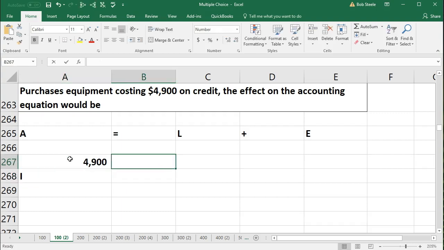And then that's going to be equal to something on the other side, in this case a liability. The liability is the on account. That's the accounts payable that will be increasing. Now we know it's going to increase for a couple different reasons. One, we know that this side increased. Therefore, if this side of this equal sign is affected, this must too be increasing. So that's going to be an increase here.